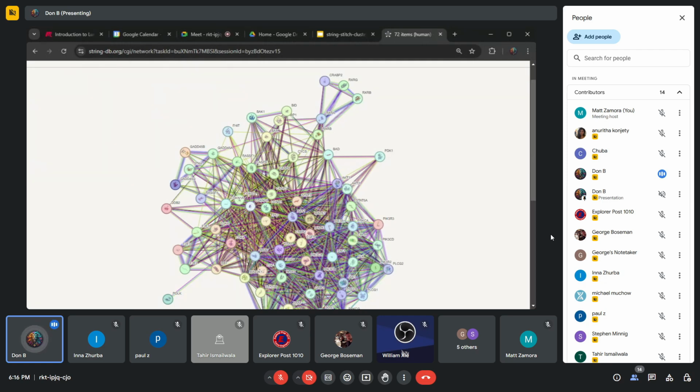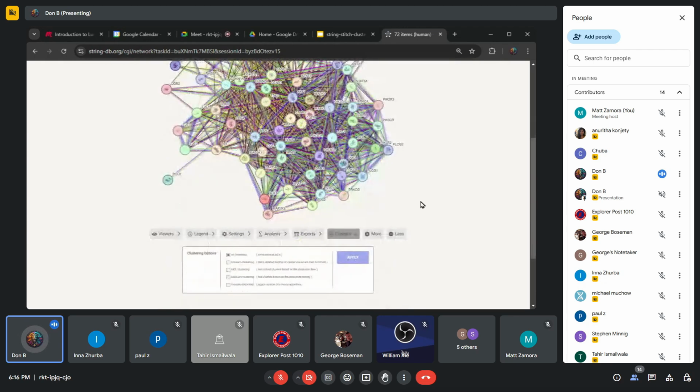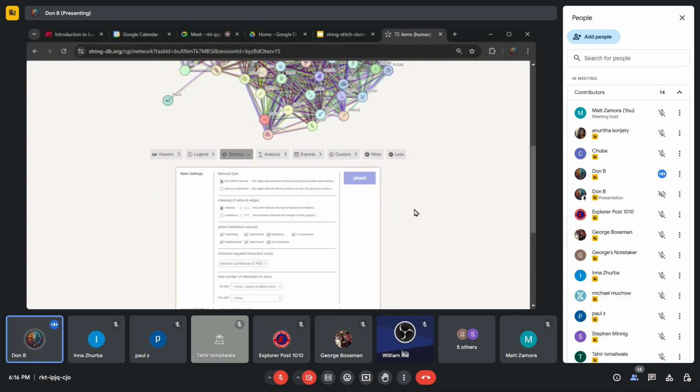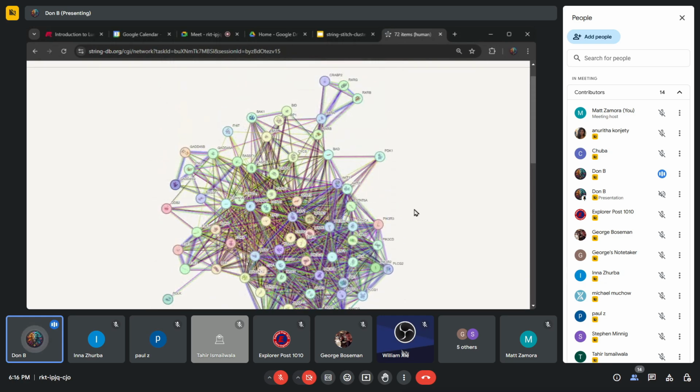So in this context, it's the genes and proteins in the context of this network. I think currently this is just direct proteins. I'm looking at a specific parameter here that will come back in greater detail later. But so this is our network.